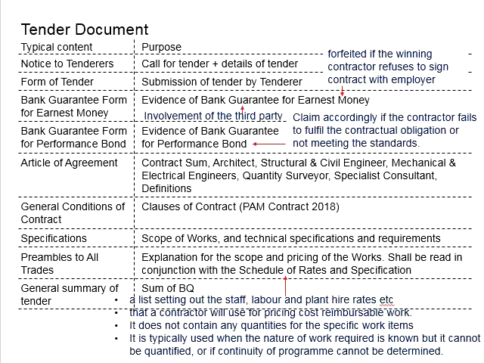In order to prevent this, normally the employer will set a requirement in terms of this earnest money. That means only those contractors who are truly interested in the project will bid for it. The employer expects that once the winning contractor is selected, the contract will smoothly be signed with this contractor.